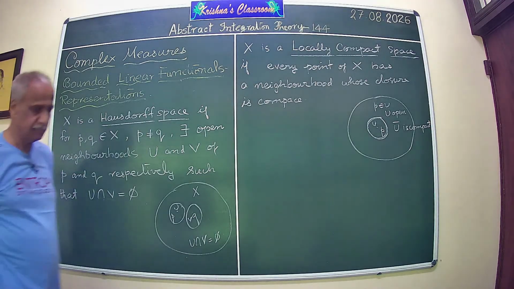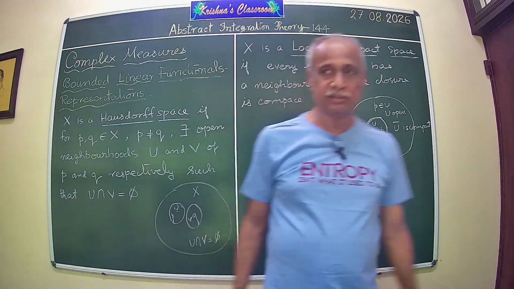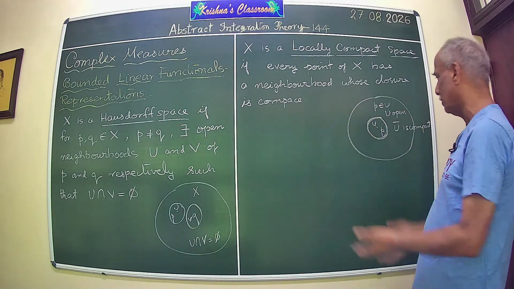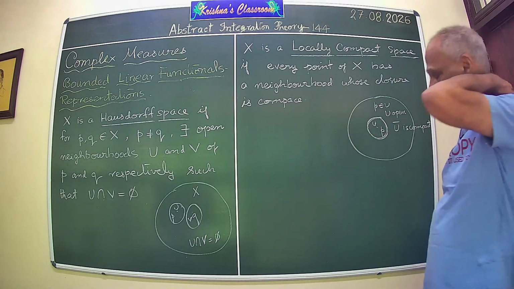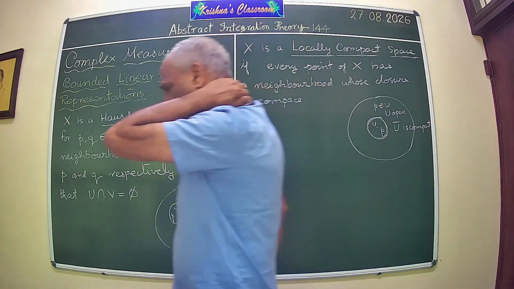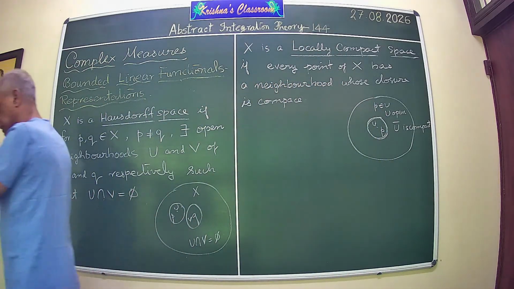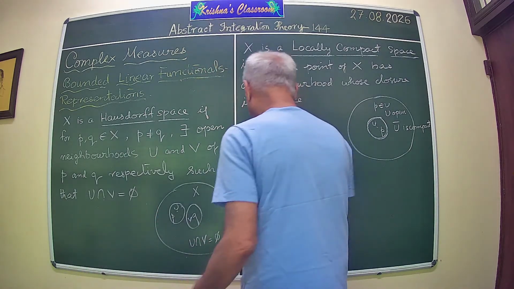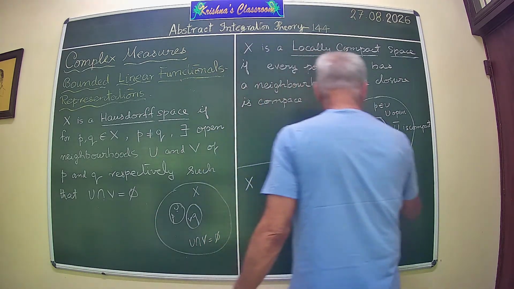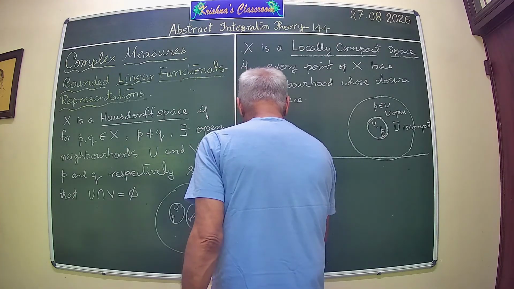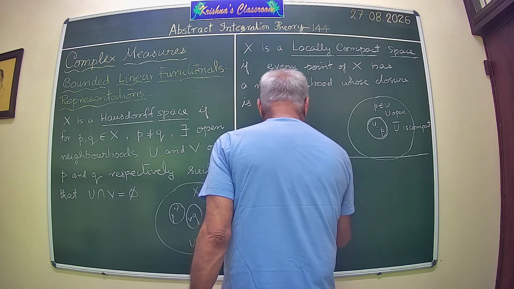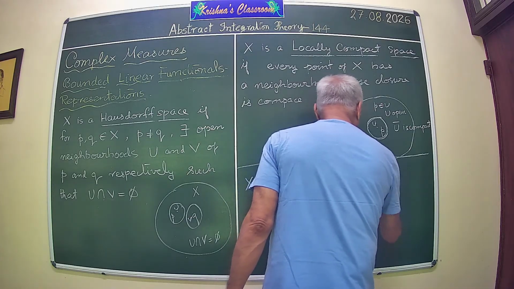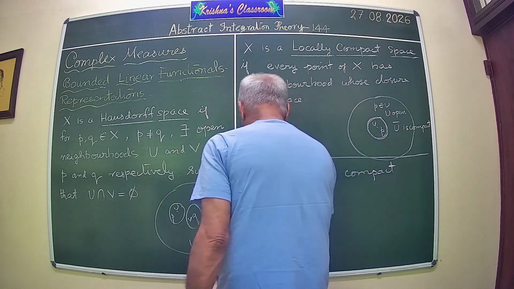So we are trying to generalize this, or take R^n and the usual metric, you get these examples. So we are generally working on what are called Hausdorff spaces. So we assume X is a locally compact Hausdorff space.